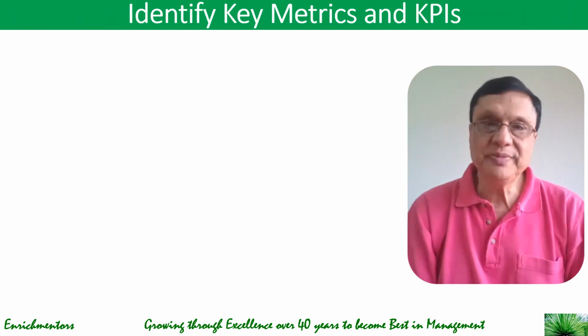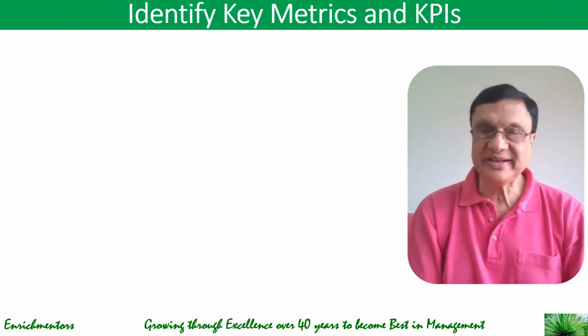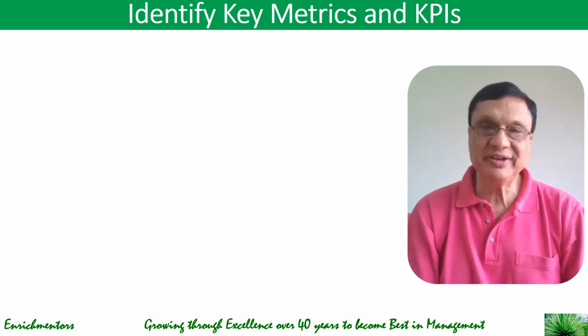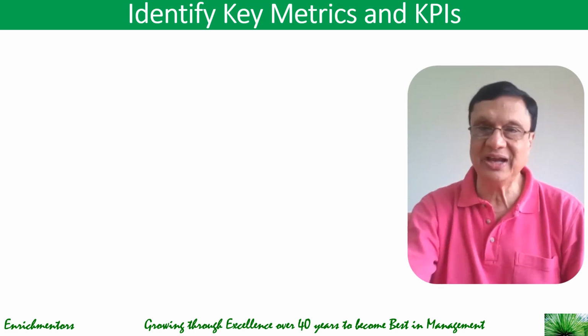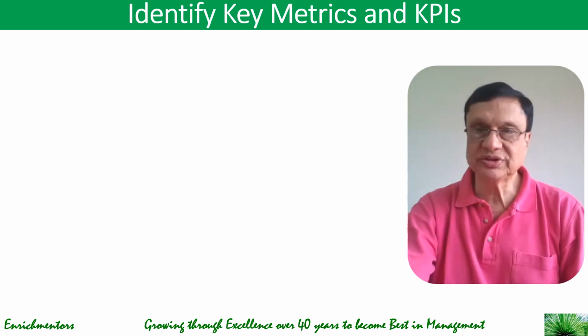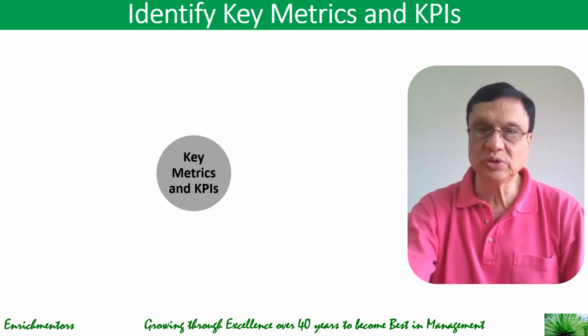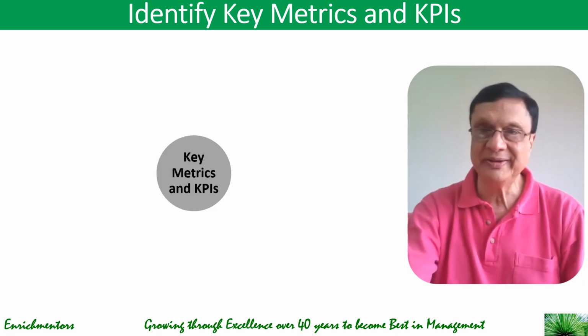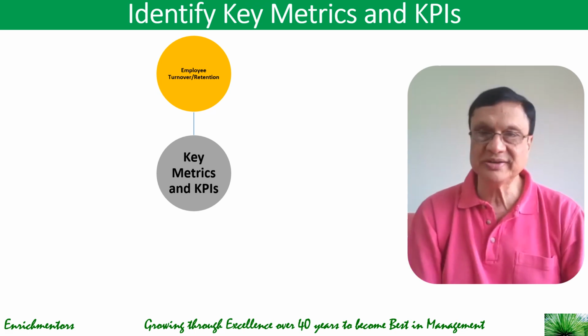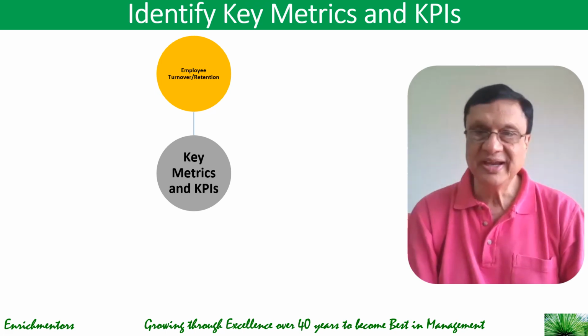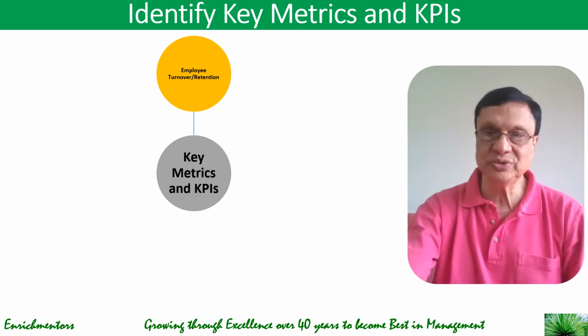The next thing would be to identify key metrics and KPIs. You can't do everything all the time, right? So focus on metrics that align with both HR and broader business goals. Such metrics could be employee turnover and retention, which can help you understand why employees leave and then address the retention issues.